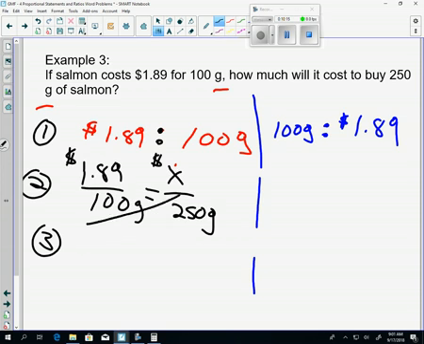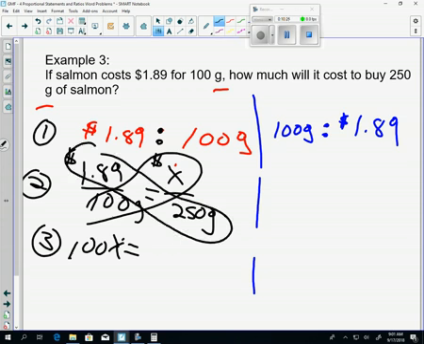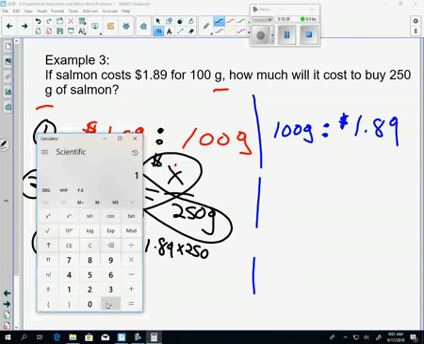Again, cross multiply it, so that means 100 times x is going to equal 189 times 250. I don't know what that is right now, so I'll use the calculator. 47,250.